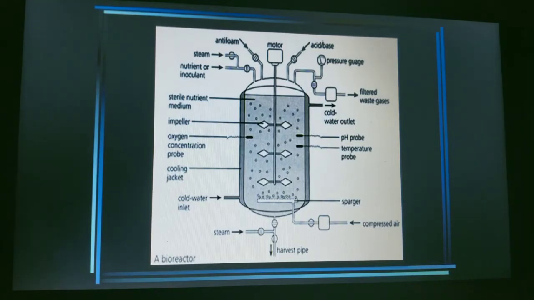This is the whole tank, and there is an impeller which rotates to provide proper mixing, and there is also an oxygen concentration probe. A cooling jacket surrounds the whole tank, and there is a water inlet, an inlet of compressed air, and a steam releasing pipe below.